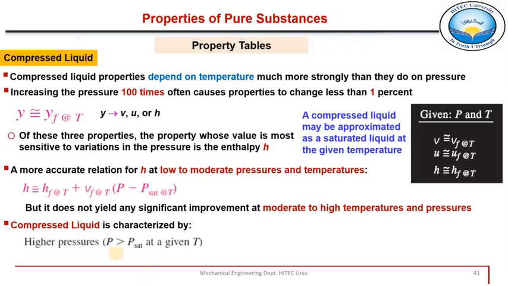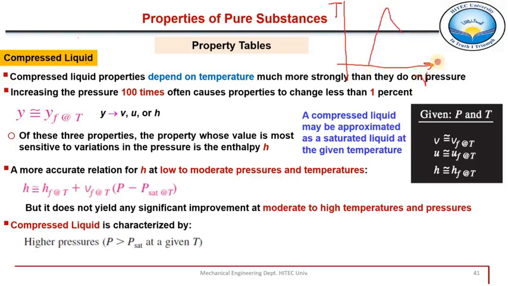So what is the first property? Higher pressures. P is greater than Psat at a given T. For superheated vapor, P was less than Psat at a given T. So let me explain it again on the diagram. This is the temperature versus volume diagram.